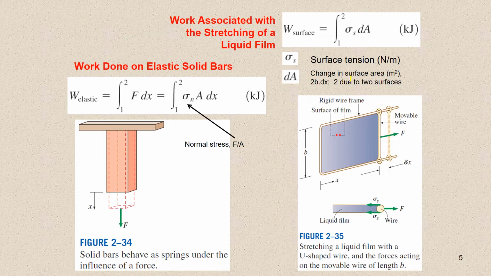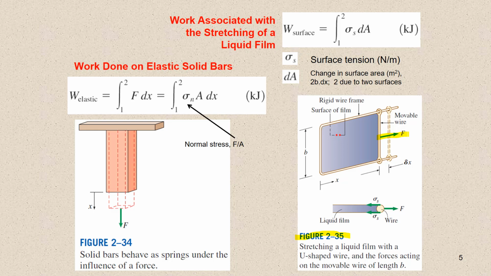Now let's look at work associated with stretching of a liquid film. Consider a liquid film such as soap film suspended on a wire frame as given in figure 2.35. We know from experience that it will take some force to stretch this film by a movable portion of the wire frame.